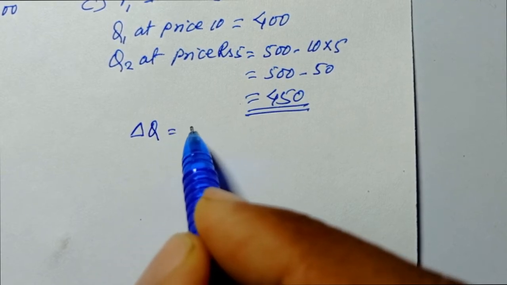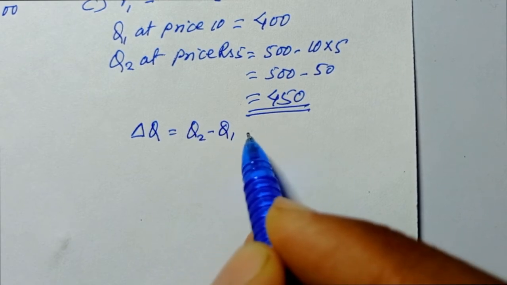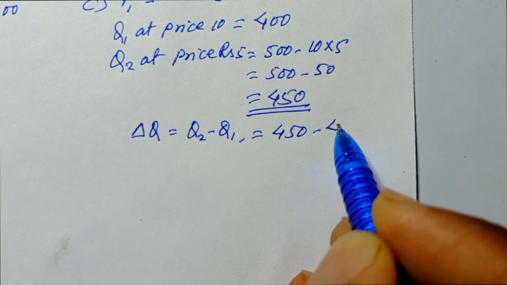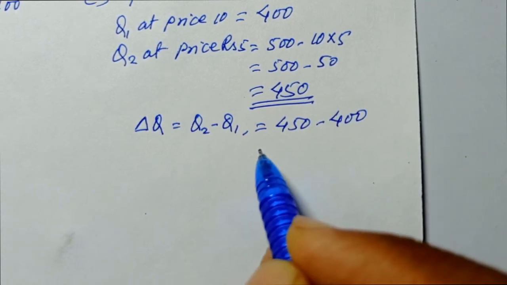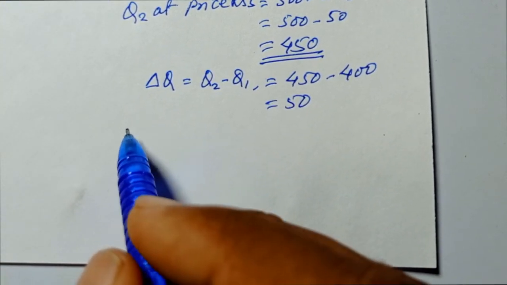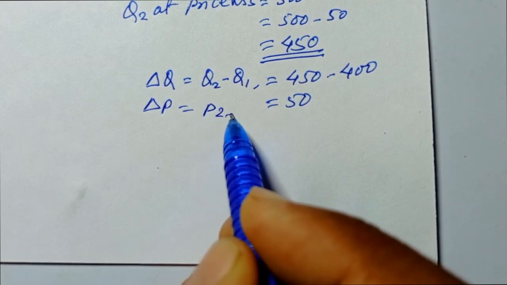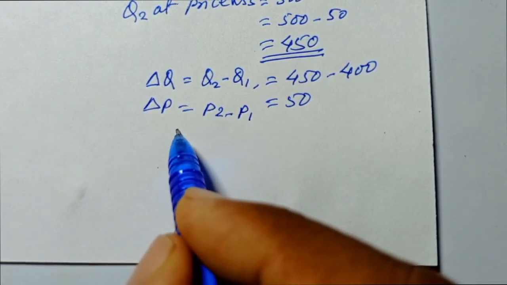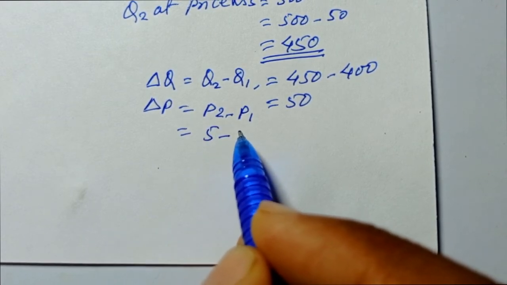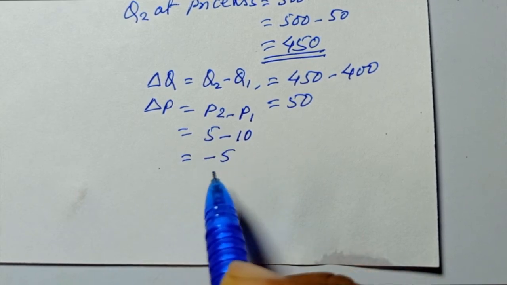Change in quantity is equal to new quantity minus initial quantity, which is 450 minus 400, equal to 50. Likewise, change in price is equal to P2 minus P1, and here the new price is 5, the initial price is 10, and then this is equal to minus 5.